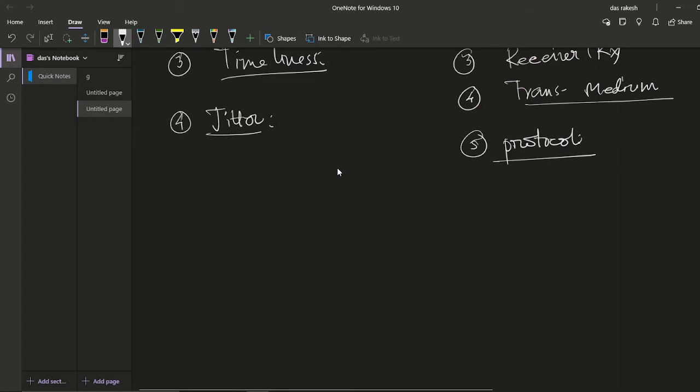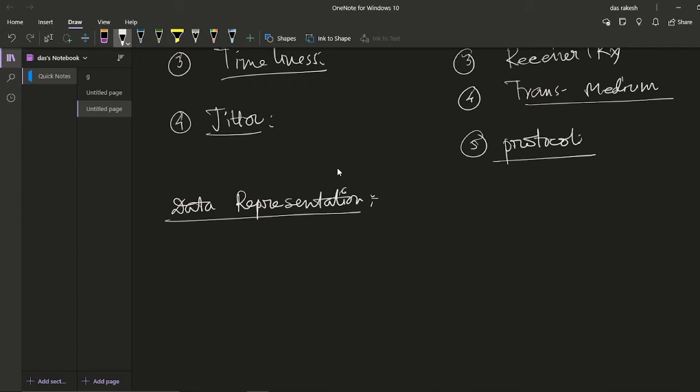Now we talk about the next topic, data representation. Data is a form of different types of information.